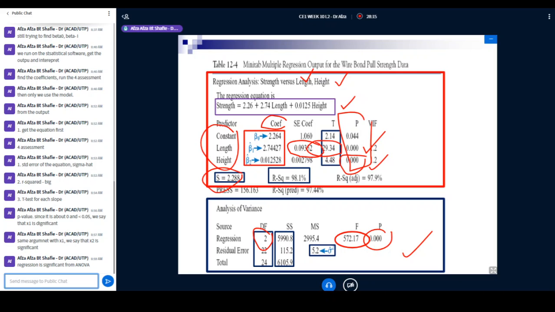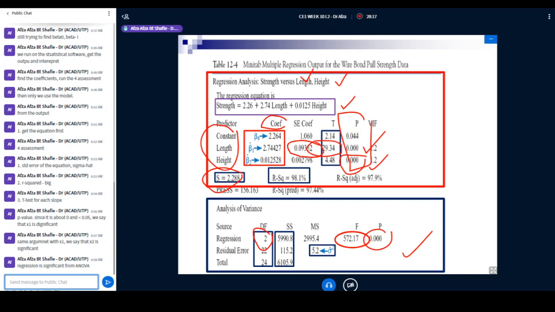So if all is okay, then we can use this equation to make predictions.